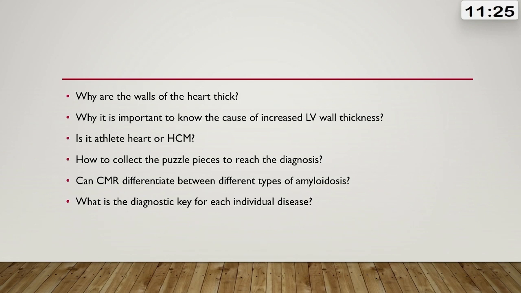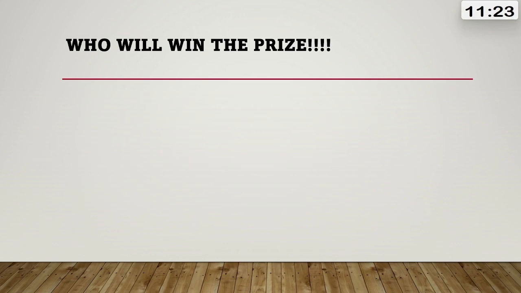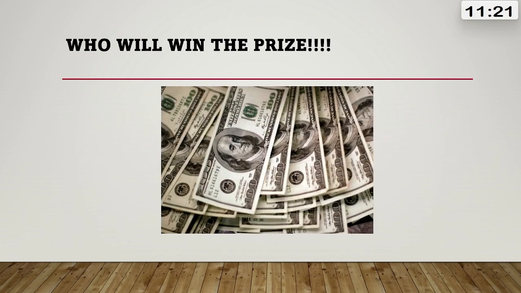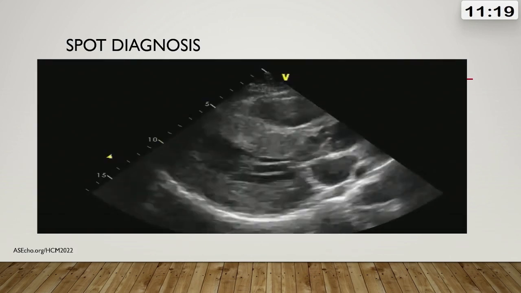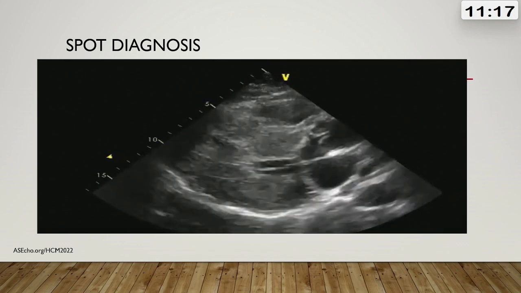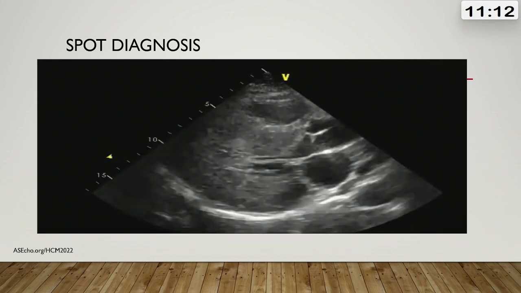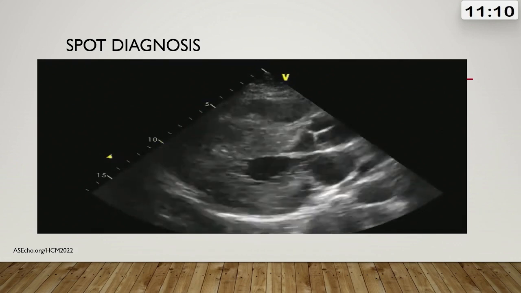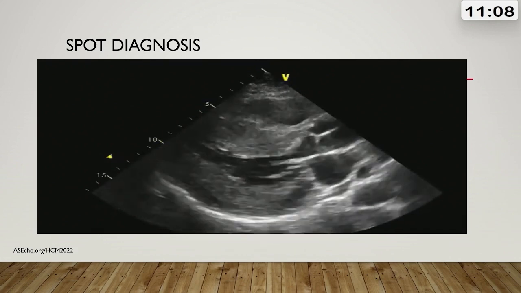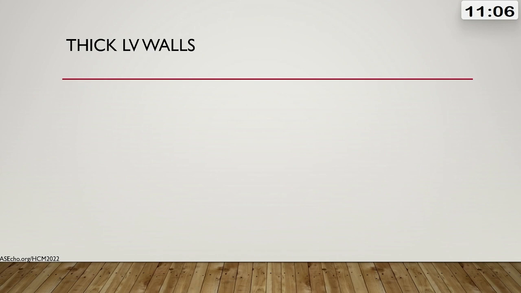Let's start with a question with a prize. Spot diagnosis please in 1 second. Can we know the diagnosis? Of course, it is very difficult. It's just thickened LV walls.